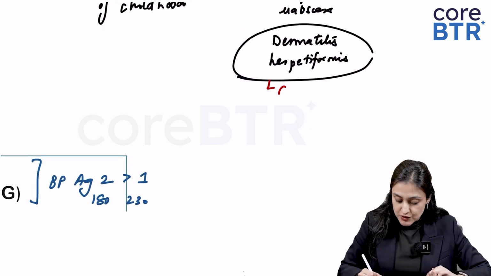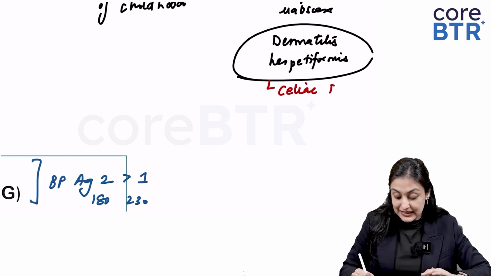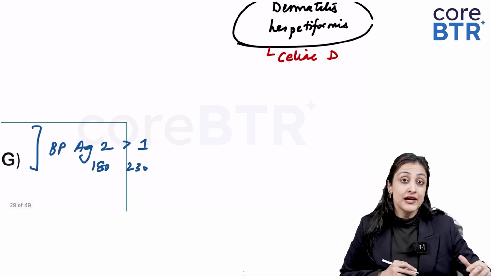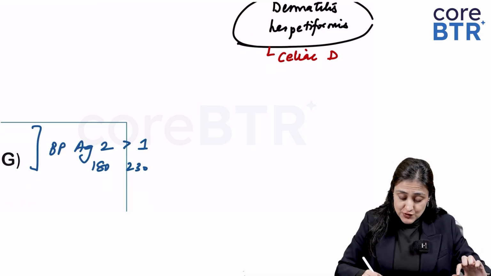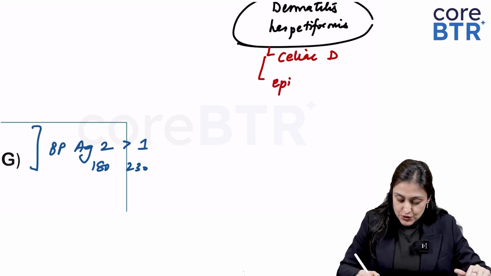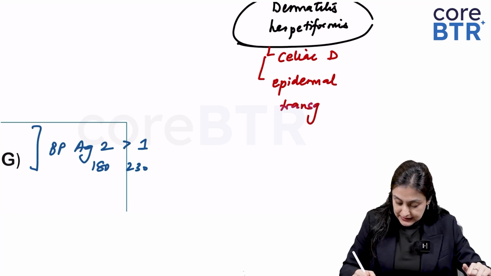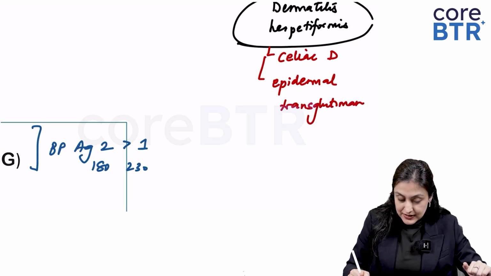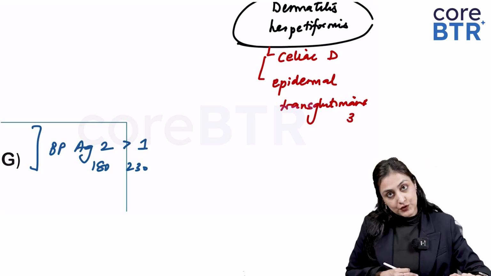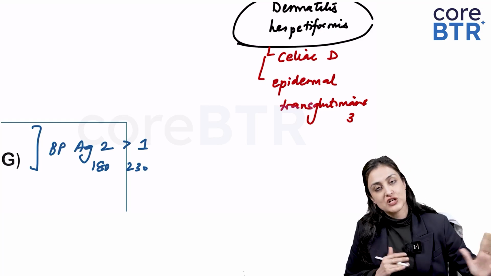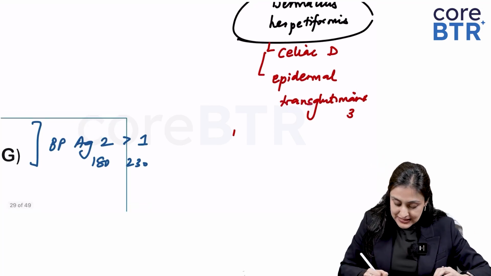Super important association is celiac disease. You know celiac disease, you have transglutaminase, right? So tissue transglutaminase. So here the target also is epidermal transglutaminase 3. So you can do serology, tissue transglutaminase, for celiac. You know how to treat celiac disease?